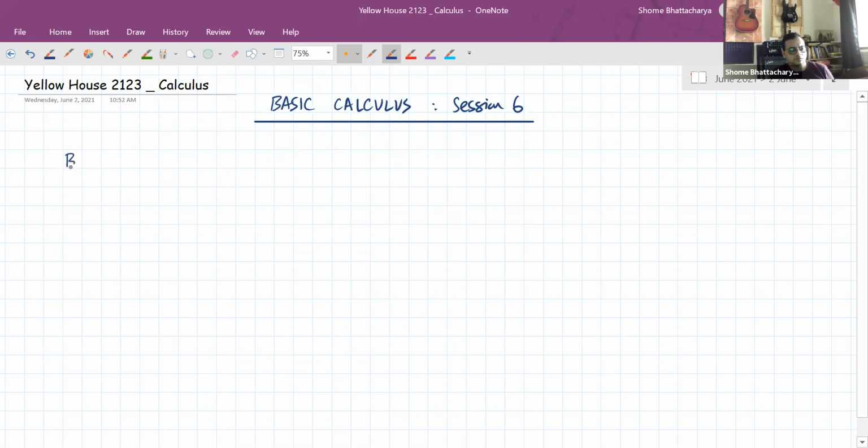Behavior of a given function from analysis of its derivative.